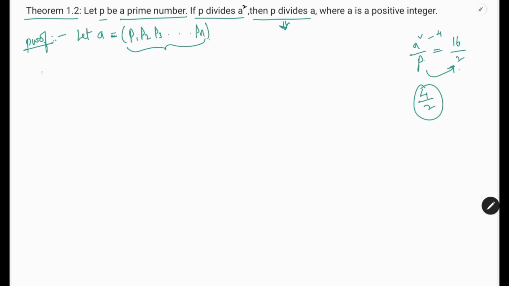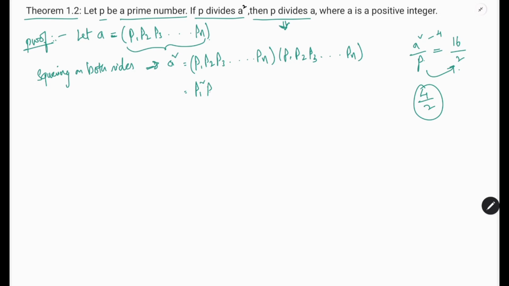Squaring on both sides, you get a square is equal to p1, p2, p3 up to pn into again p1, p2, p3 up to pn. When you square this, you get p1 square into p2 square into p3 square up to pn square.